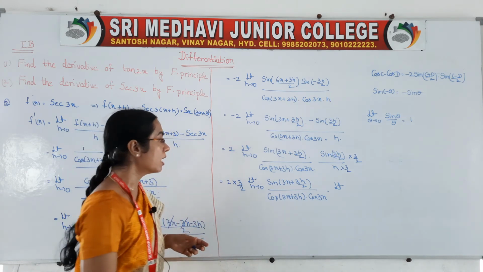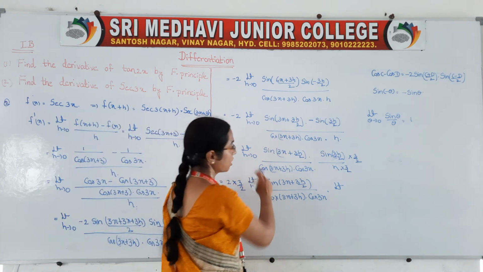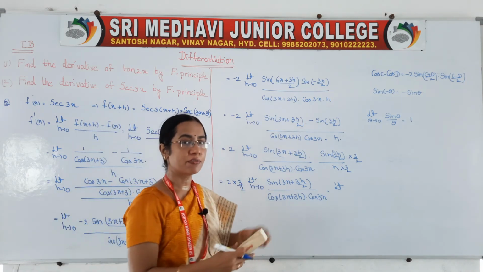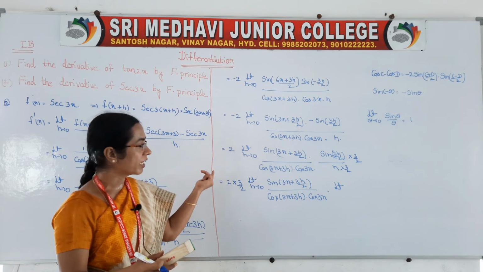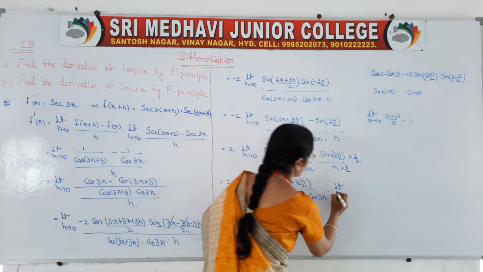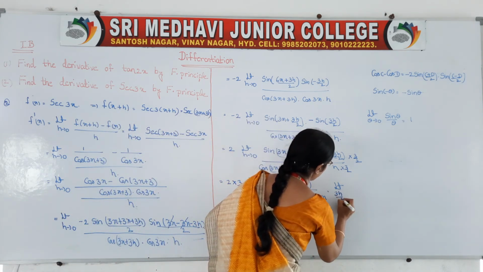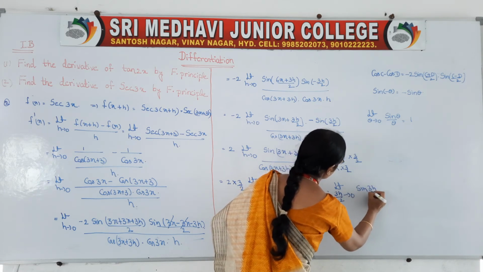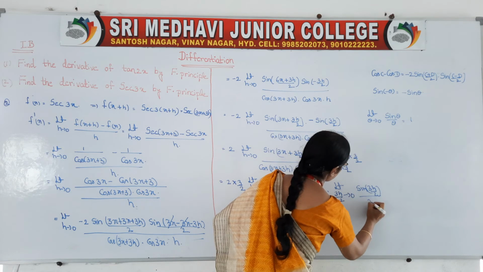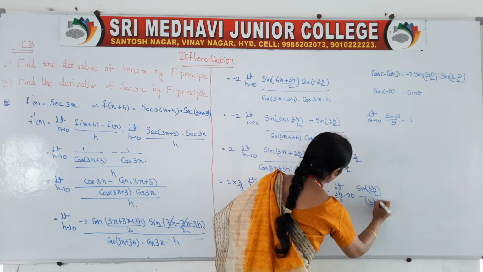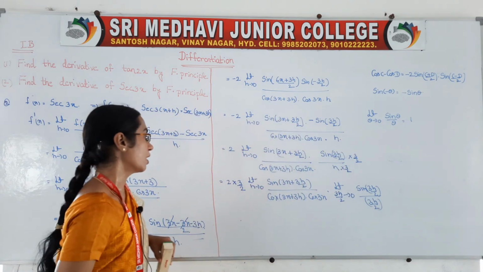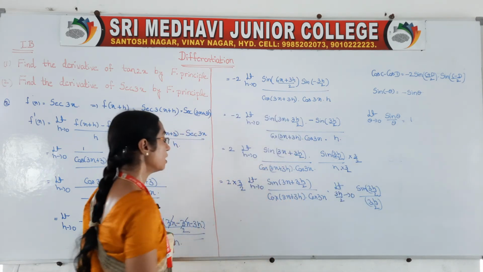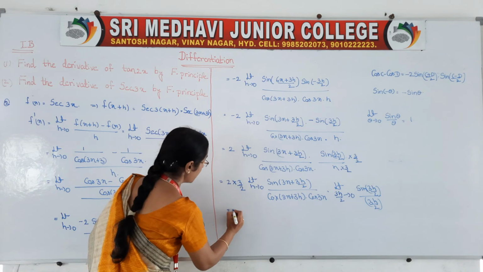If h tends to 0, h value is 0, and multiplying that with anything again gives 0. So 3h by 2 tends to 0, sine 3h by 2 by 3h by 2 entire value becomes 1.